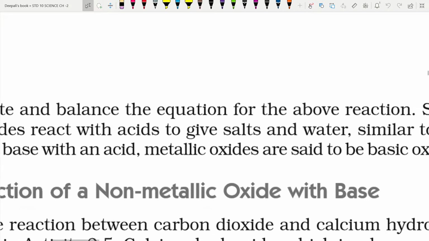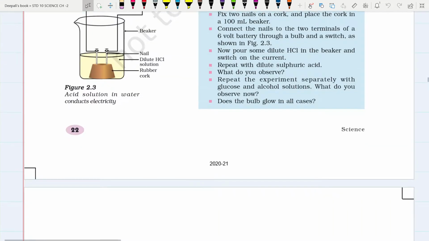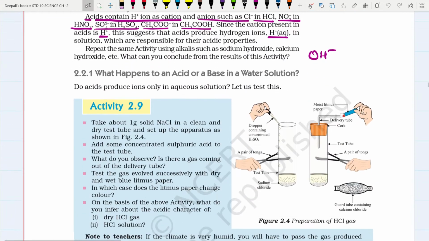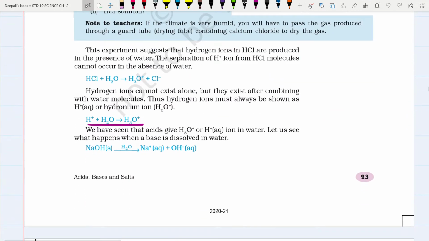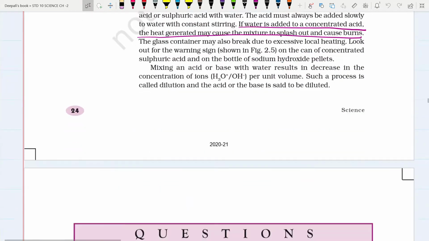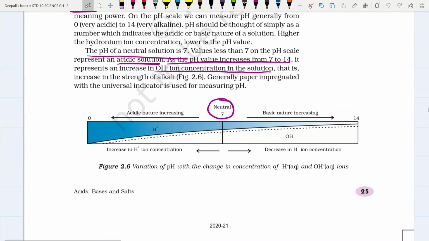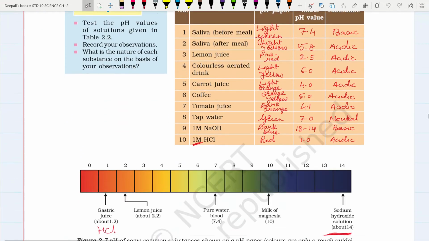We even know what importance salt played in our national movement, as the Dandi March was the movement towards breaking the salt law and getting justice against the unfair practices of British rule.